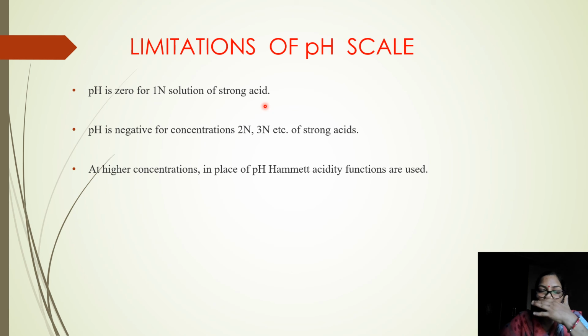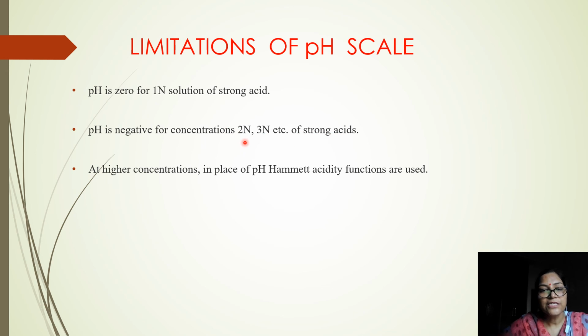The mathematical formula for calculating pH has certain limitations. For example, the pH value is 0 for a one normal solution of strong acids. The pH value is negative for very concentrated solutions.